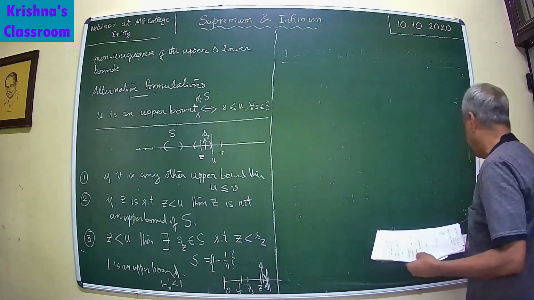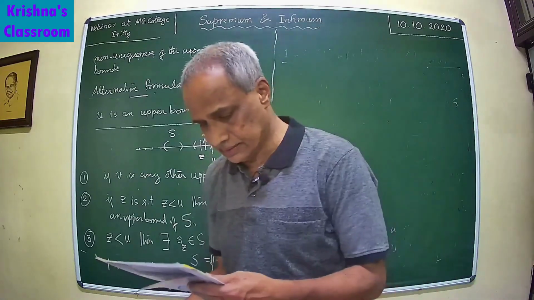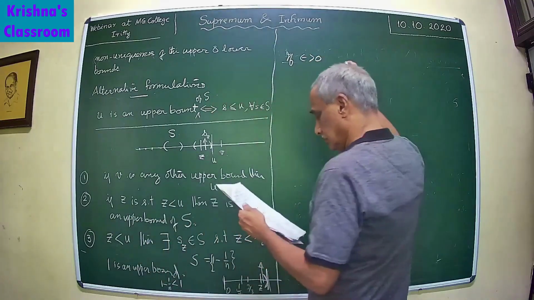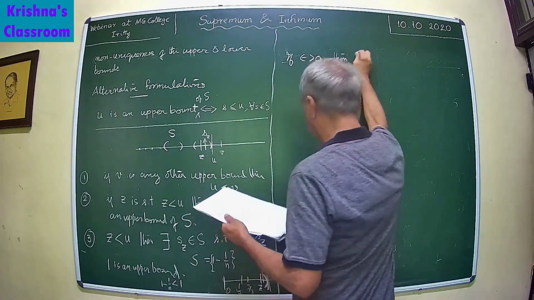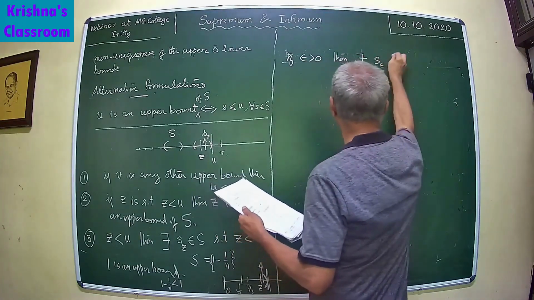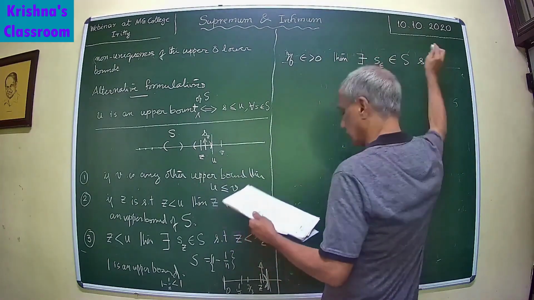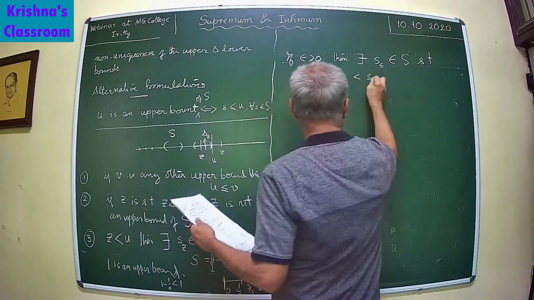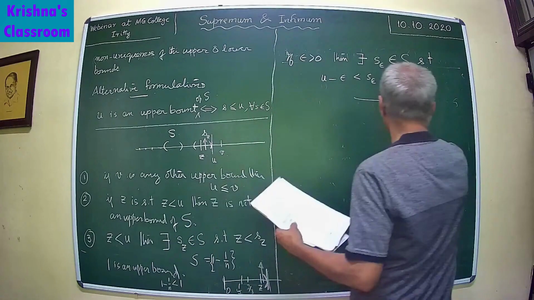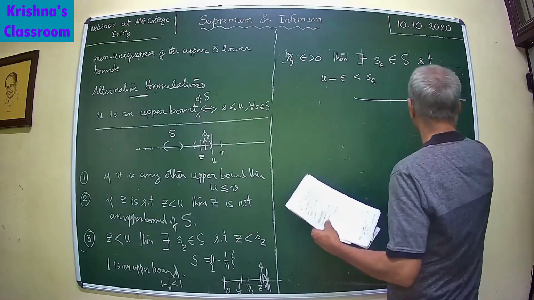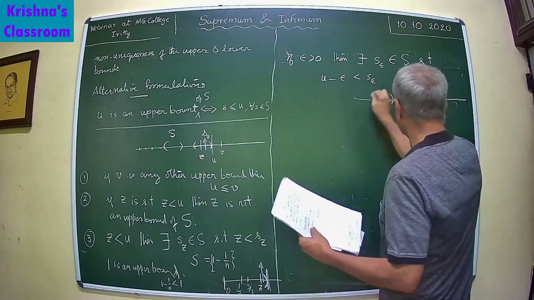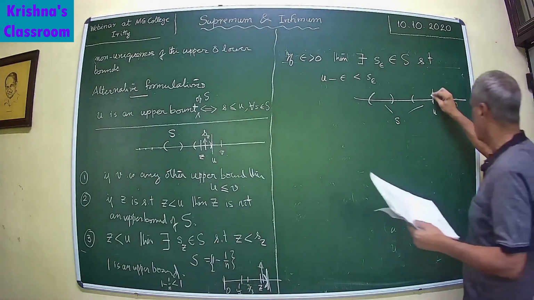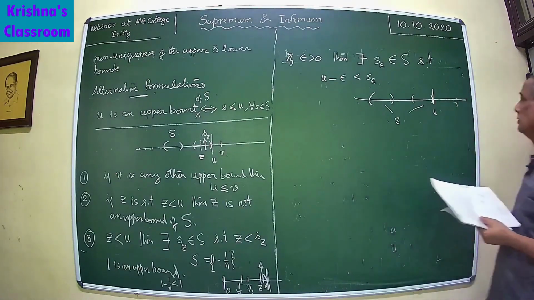This can be put in a different way. If epsilon is positive, then there exists S_epsilon belonging to S such that U minus epsilon is less than S_epsilon. What does it say? Suppose this is your U, and this is your S. You say that this is the least upper bound.